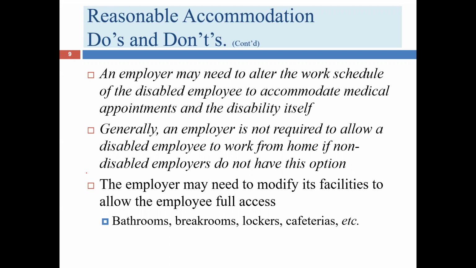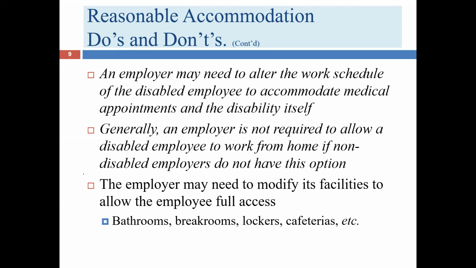And again, there may be the need to modify certain aspects. It could be the work area. If it is a cubicle, maybe you have to broaden the entrance or make the whole area larger or change the height of the desk so that the wheelchair goes under it comfortably so the person can get close enough to the keyboard.